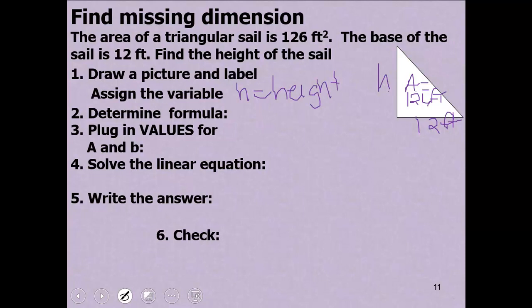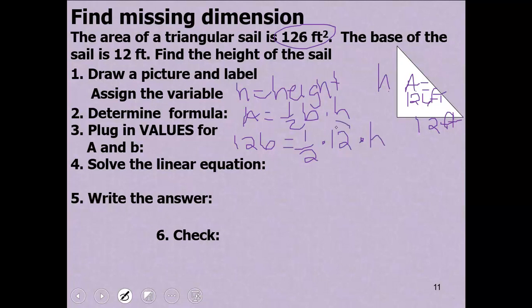What formula do I know for the area of a triangle? Well, area is equal to 1/2 base times height. I know the value for the area. It's 126, so I'm going to plug that in. 126 is equal to 1/2. I know the length of my base is 12. I don't know my height, which is h. And now I'm going to solve for h.